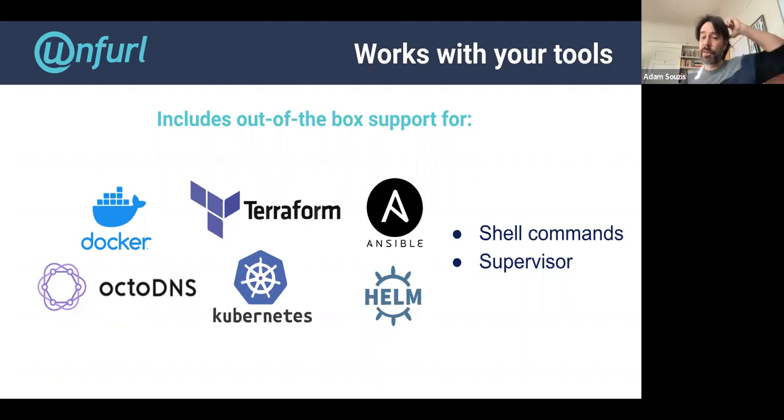It can support things for local development like Supervisor D, which is a very lightweight process manager. So it has a bunch of out-of-the-box support, but it uses a plugin system for all these implementations, so it's easy for you to implement and add your own. You can do that either in the YAML file or by writing a Python API.